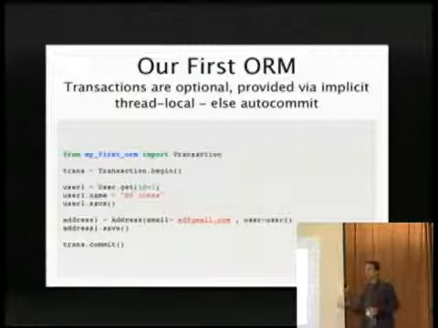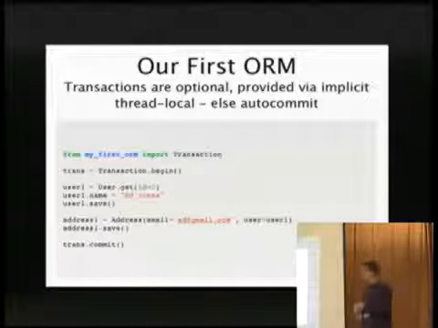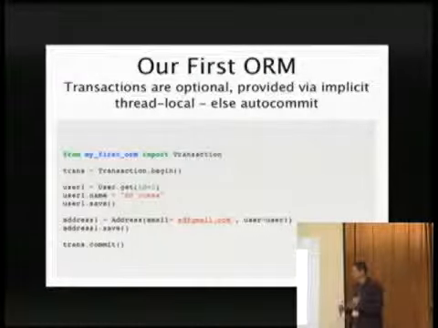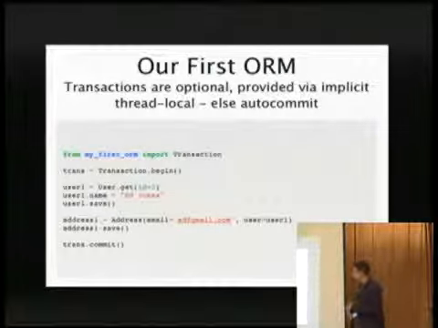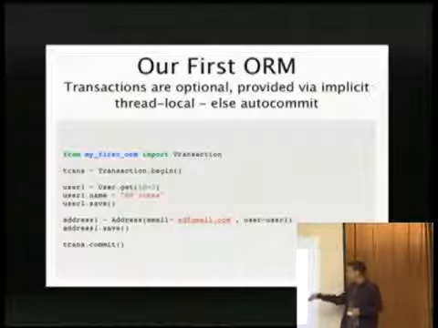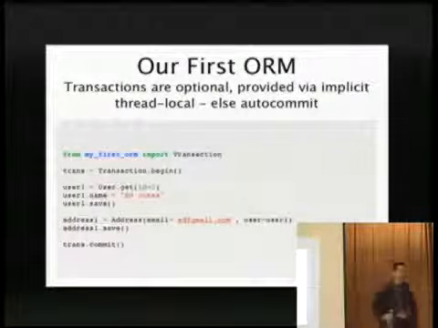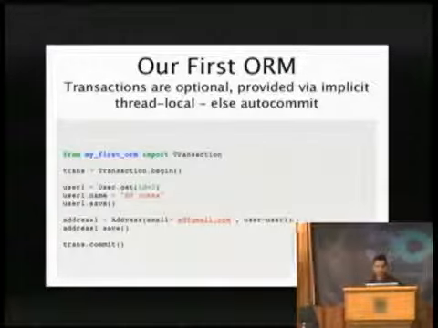Basically, it's like having a global variable, except other threads won't get in the way of your global variable. So it's a way of sharing state between two different systems without passing variables along to calls. So basically, the transaction is global. The user object, when it says .save, will consult this global transaction, and then it kind of works. So that's kind of the first ORM's approach to transaction demarcation.